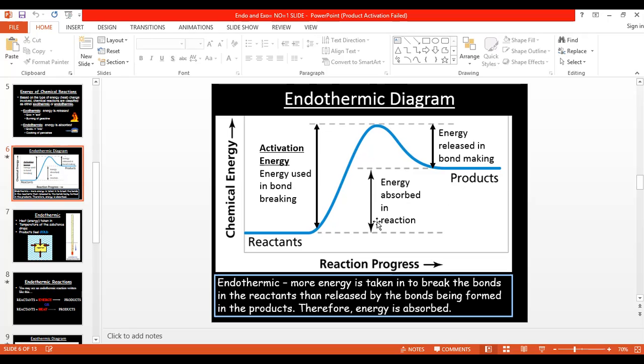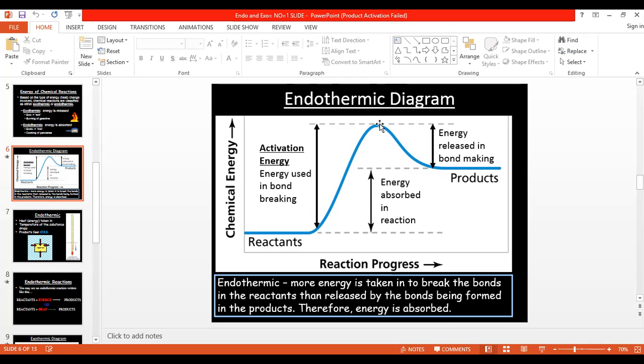Did you understand why they draw the diagram like this, with the peak and then decreasing? This straight line is for product, this straight line is for reactant, but what happened in between? We are going to study this point. From this point the reaction starts and the bonds start to break, and this is the maximum point.